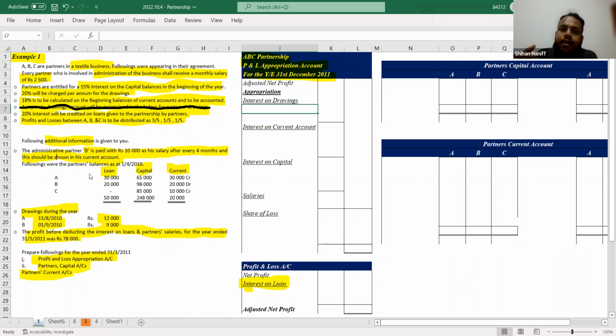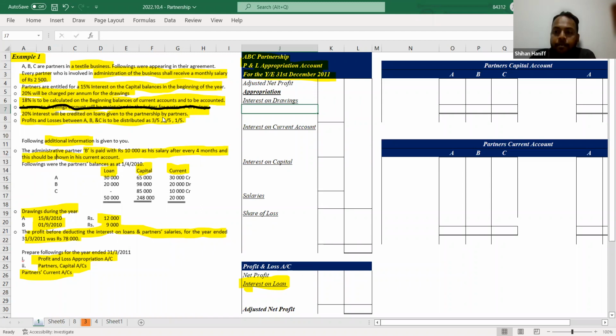When the partner has taken a loan from the business, from the partnership, sorry, this is interest on a loan given by the partners. Loan given to the partnership by partners.